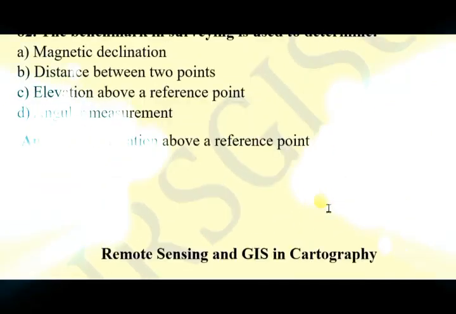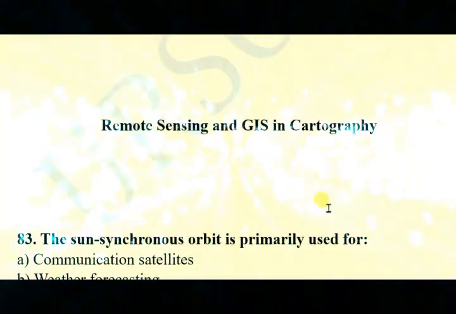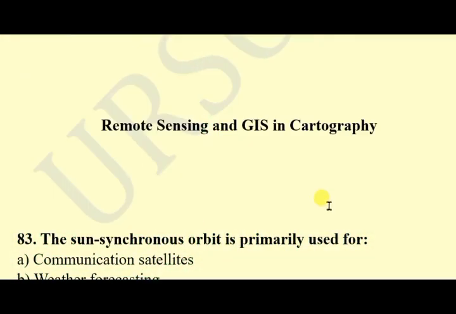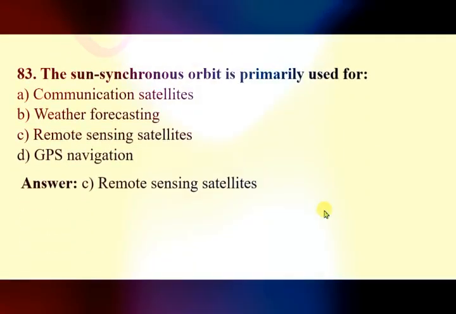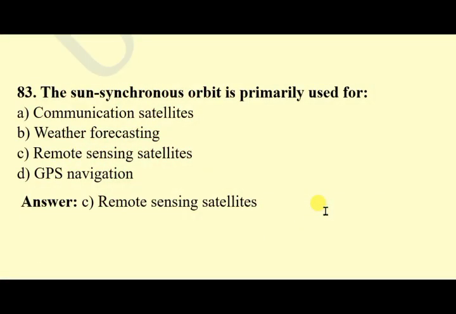The reference point is the benchmark point where the altitude is known. Now the category: remote sensing and GIS in cartography. Question 83. The sun synchronous orbit is primarily used for communication satellites, weather forecasting, remote sensing satellites, and GPS navigation. Here the right answer will be remote sensing satellites.